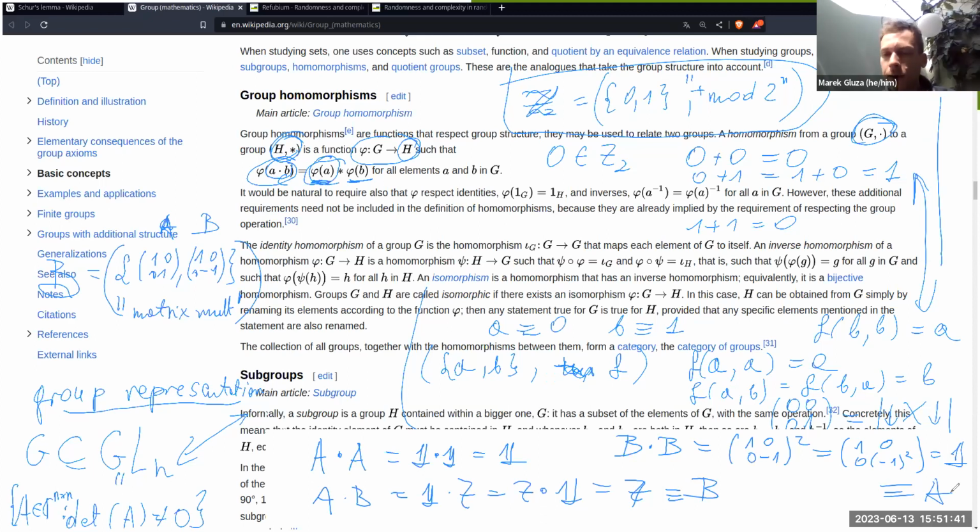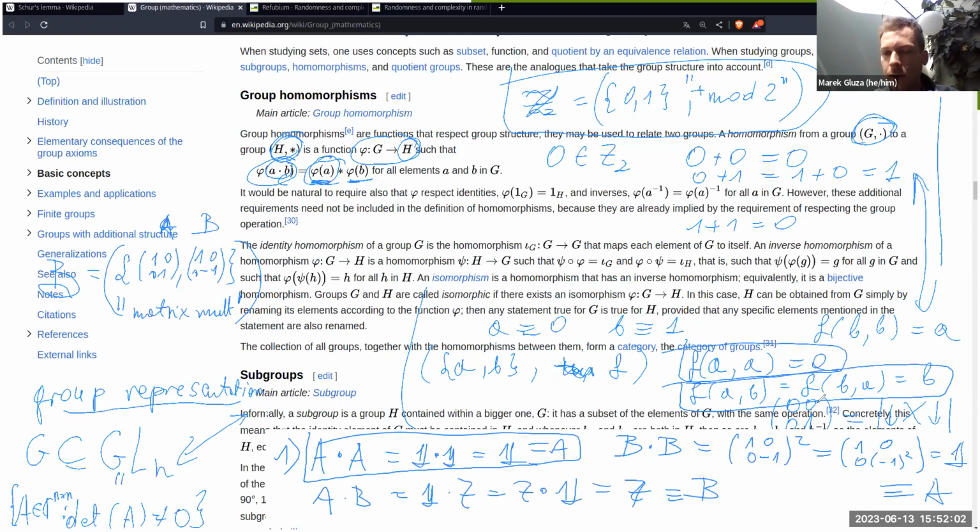Okay, so let's look at this. Our operation applied to A and A should give me an A. My operation is matrix multiplication. A times A gives me identity, which is A. So first combination correct. F of AB should be equal to F of BA, which should give me B. So AB is equal to BA, which gives me B. Okay, and here I actually computed it for you.